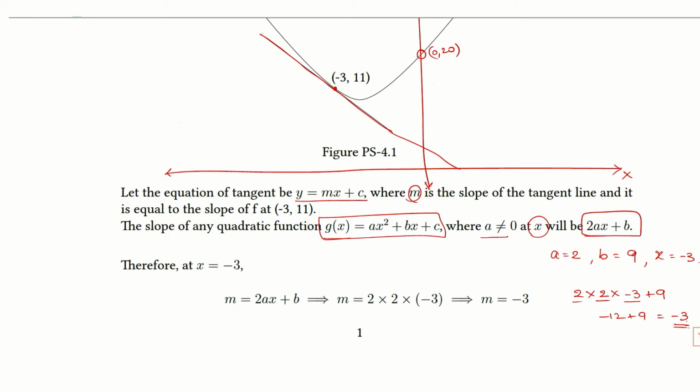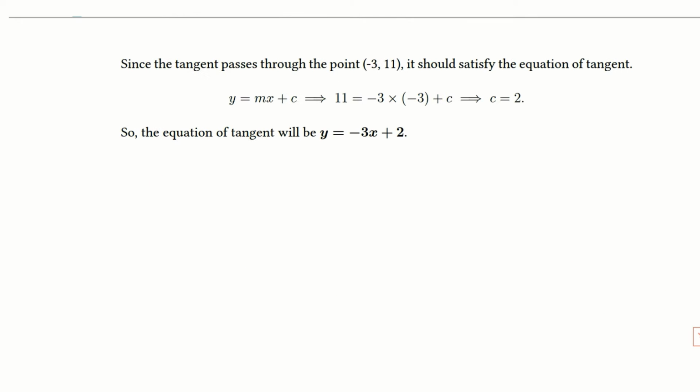So the slope of the function f at point minus 3 comma 11 is minus 3, which is the same as the slope of this tangent. So we can conclude that the slope of the tangent line m is equal to minus 3. Now we are supposed to find the y-intercept, which will be this.